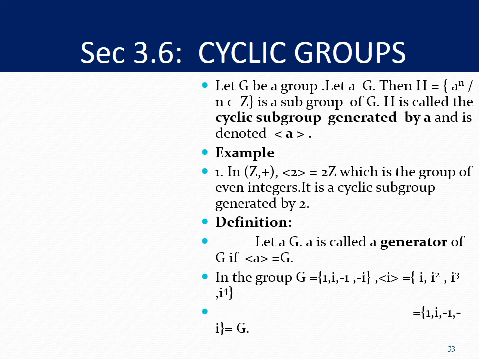How? The set generated by i equals what? i, i squared, i cubed, i to the 4. What is the value of i squared? Minus 1. i cubed is what? Minus i. i to the 4 is what? Plus 1. So that is our set G. So i is the generator of the group G.